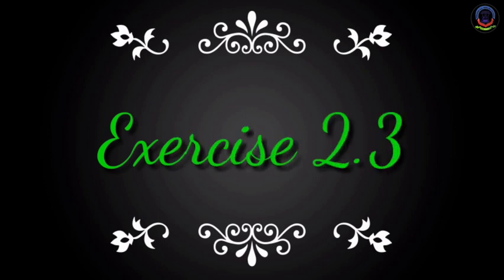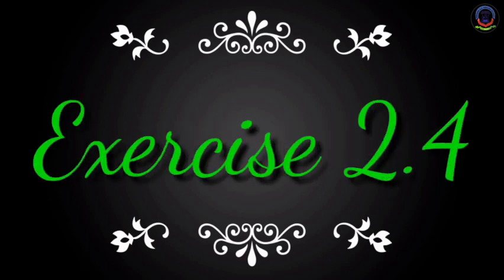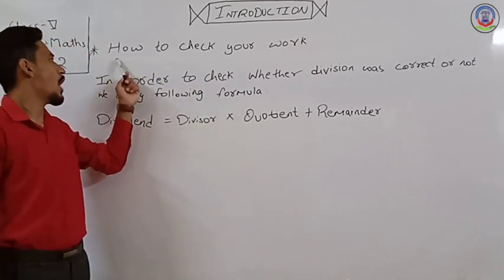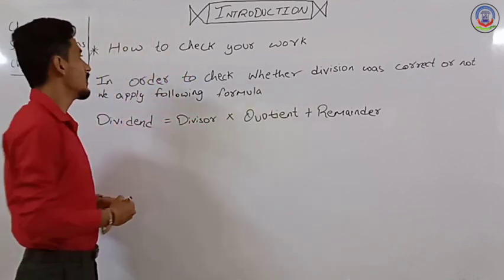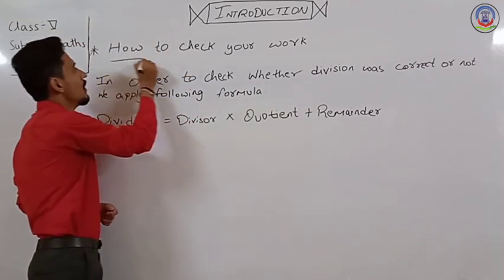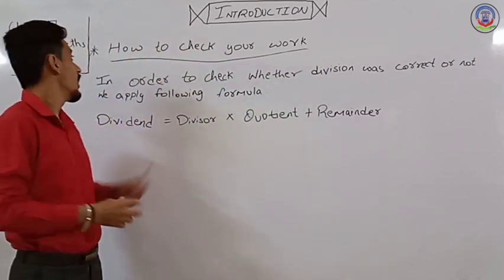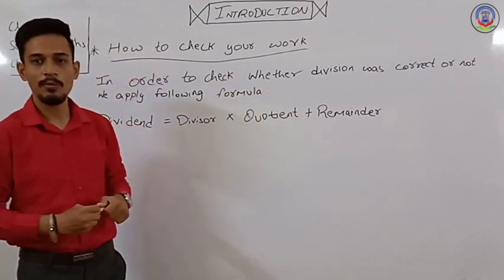Now we will learn how to check the division and exercise 2.4. Now we can see how to check your work. In yesterday's lecture, we learned about division. Now we learn how to check your answer of division.